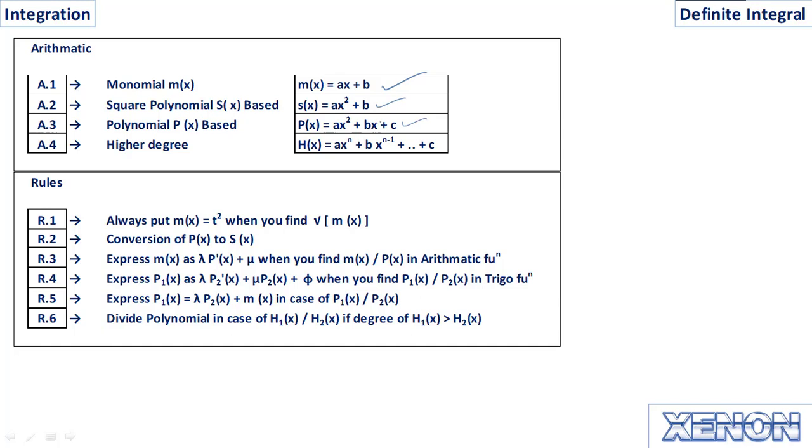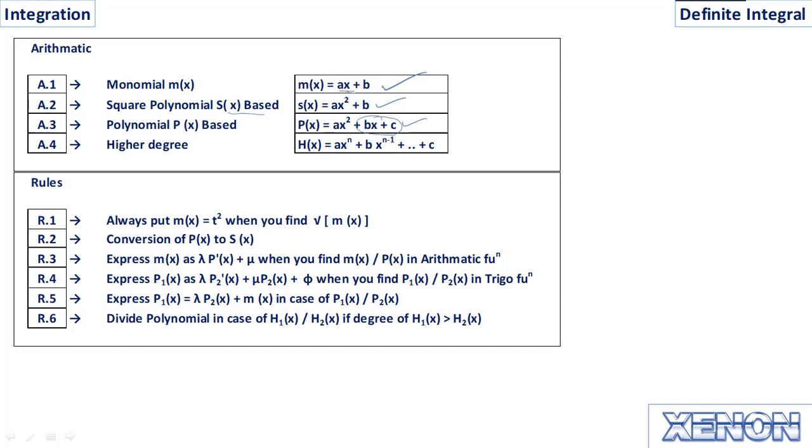So actually p(x) is also a square function of degree 2, but in the case of s(x), we have 0 coefficient attached to the x.